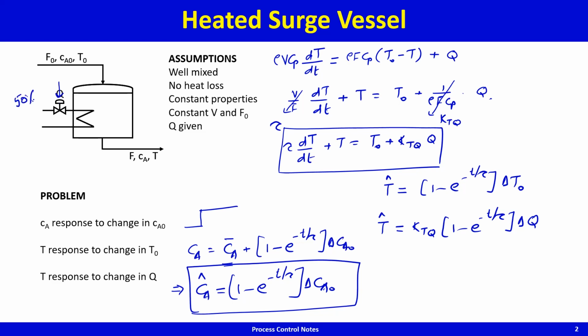So it is convenient to put things in terms of percentages, and one way to do that is to scale Q with respect to its initial steady value. So let's say the initial steady value is Q bar.